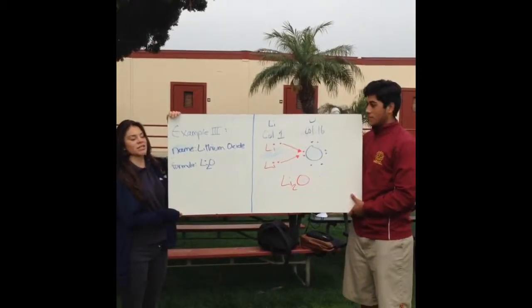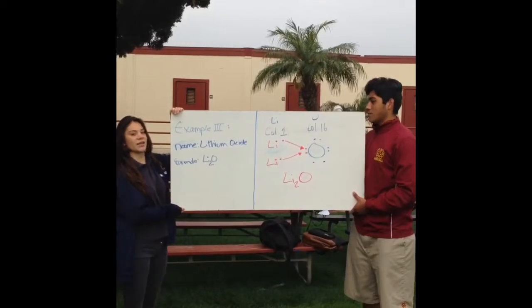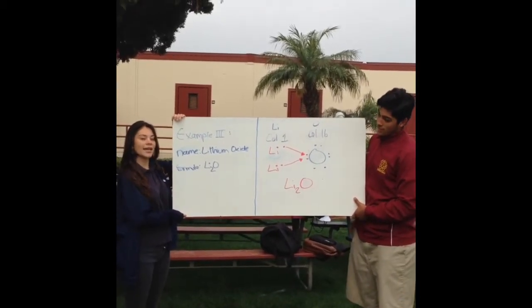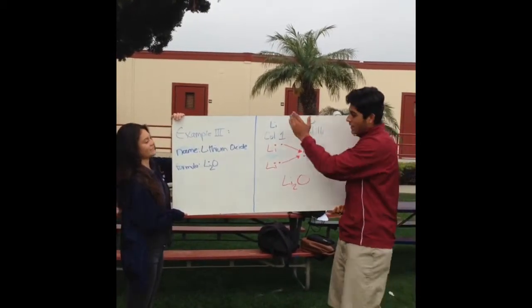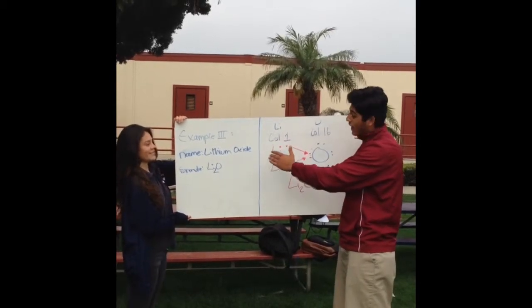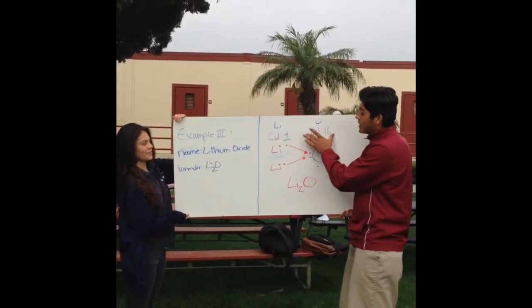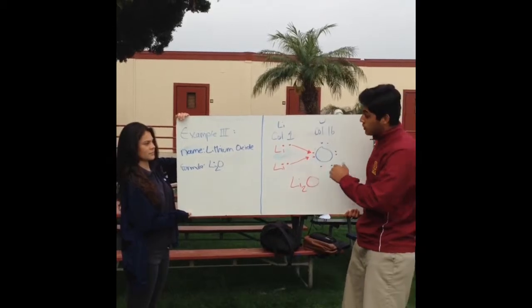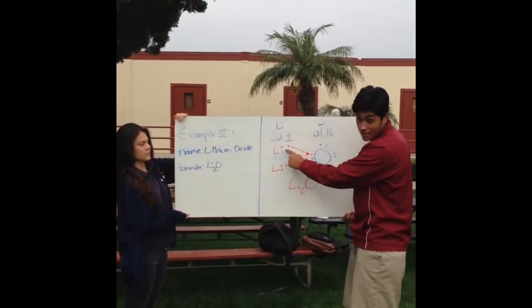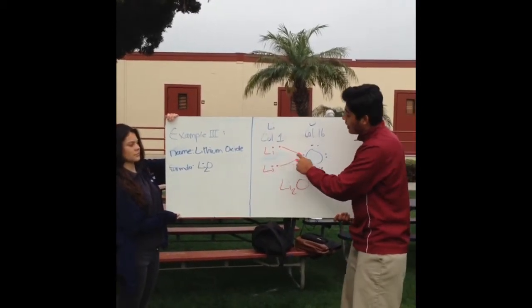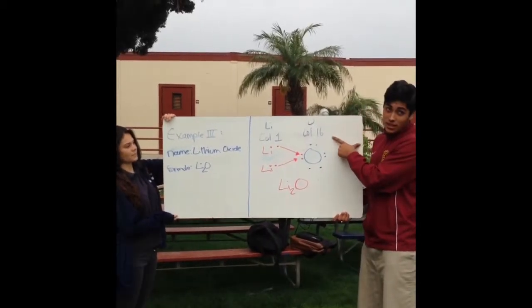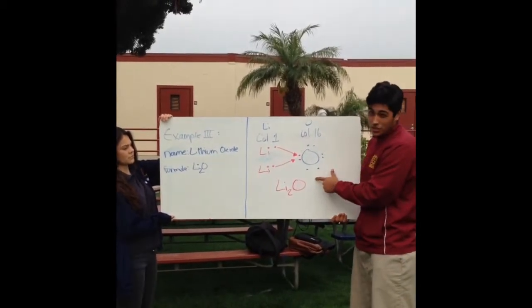Another ionic bond is lithium oxide, whose formula is Li2O. Lithium is located in column 1, so it has 1 valence electron, and oxygen is located in column 16, so it has 6 valence electrons.